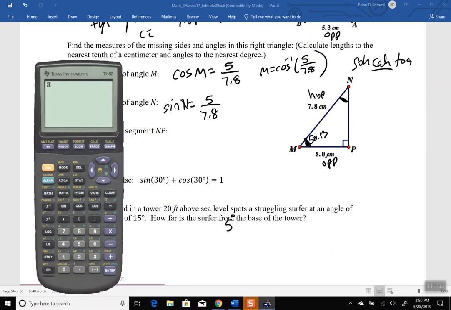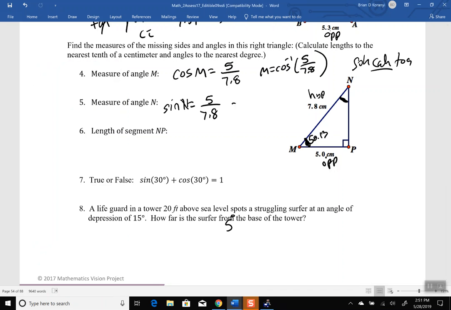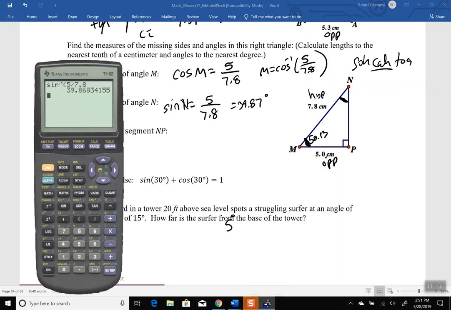So the inverse sine of 5 divided by 7.8 gets you 39.87 degrees. If I add that to the 50.13, it gets me very close, or essentially that 90-degree angle minus some rounding error.